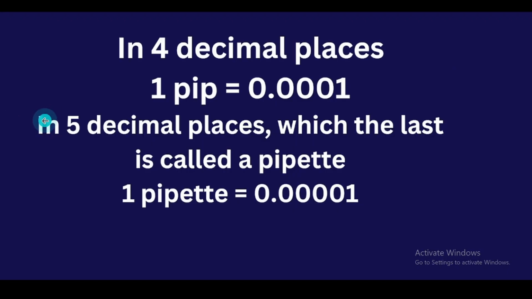Now let's continue. In 4 decimal places, 1 pip is equal to 0.0001. In 5 decimal places, 1 pipette is equal to 0.00001. You can see here they are quoted in 5 decimal places. Let's count: 1, 2, 3, 4, 5.